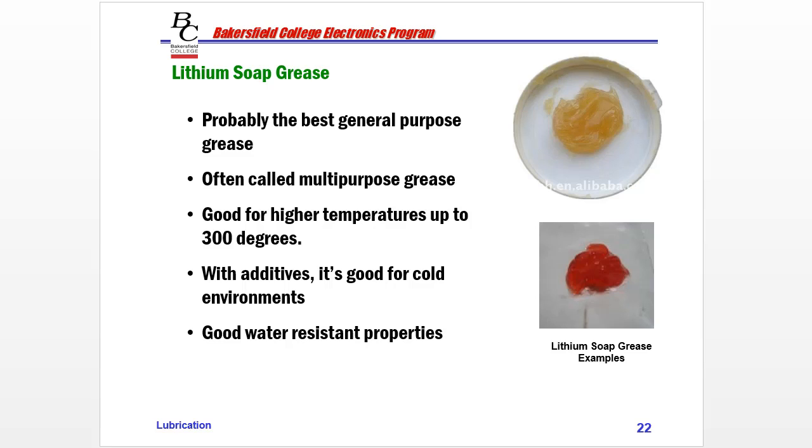I actually use a synthetic lithium soap grease on my snowmobile chassis. So we have the slide rail suspension on the back that the track is rotating around. And there are some pivot points where it pivots when you're going up and over or jumping or just moving.